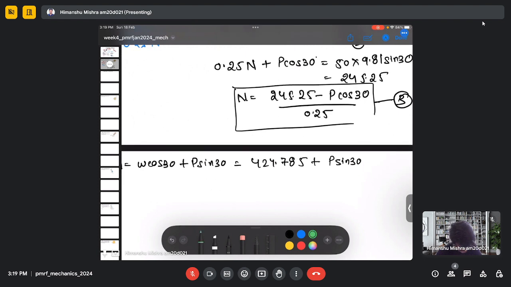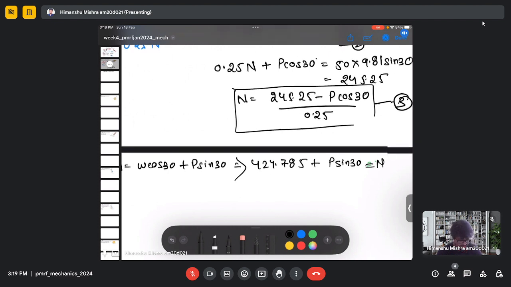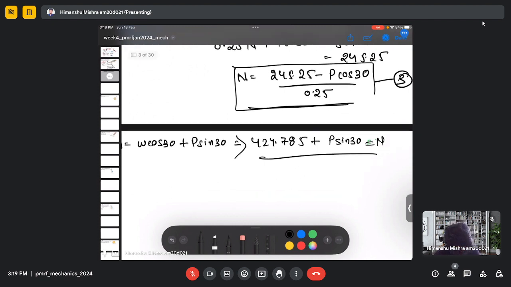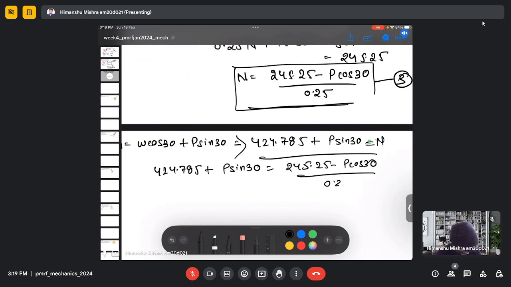So this is the expression of N. So I can equate this expression and equation 3 with each other. So I will have 424.785 plus P sin theta equal to 245.25 minus P cos theta, divided by 0.25.